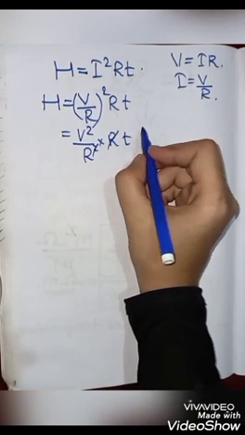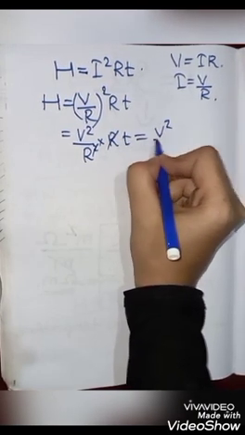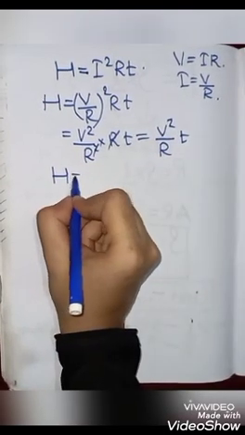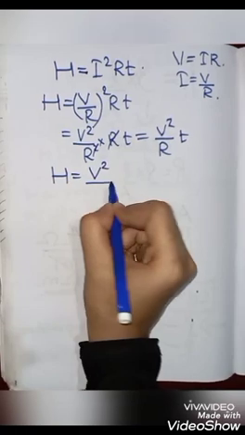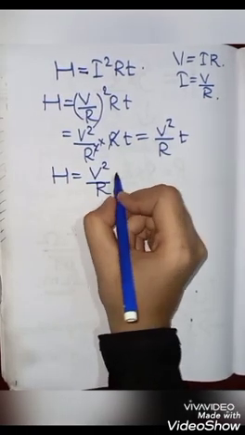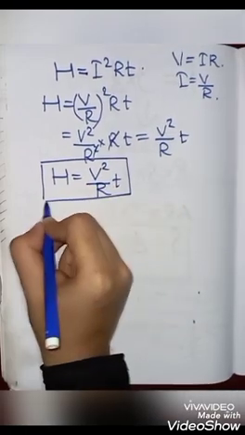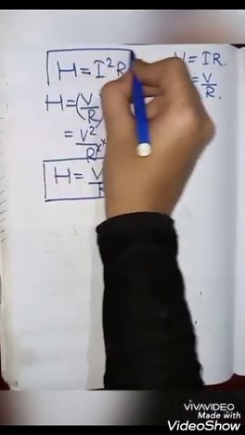Then we can write V square by R into T, that is, H is equal to V square by R into T. This is another equation for heat.